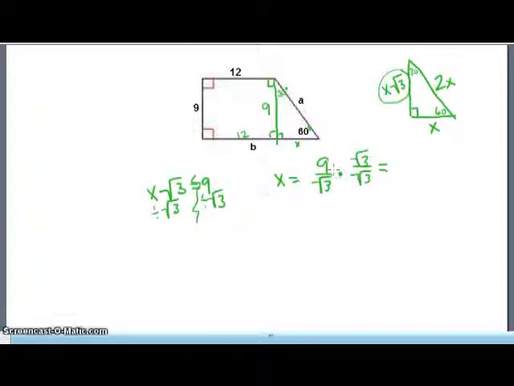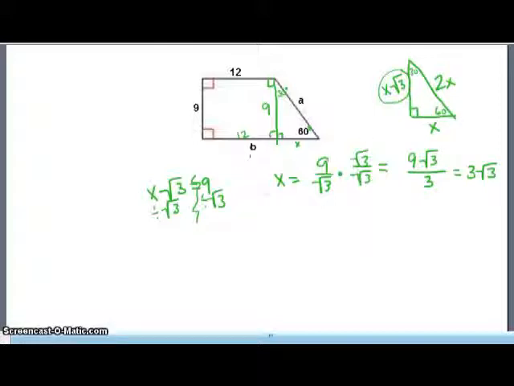So you're going to get 9 times the square root of 3 over, and the square root of 3 times the square root of 3 is just 3. And then you can simplify this a little bit more. 9 divided by 3 is 3. So 3 root 3 is what x is equal to.